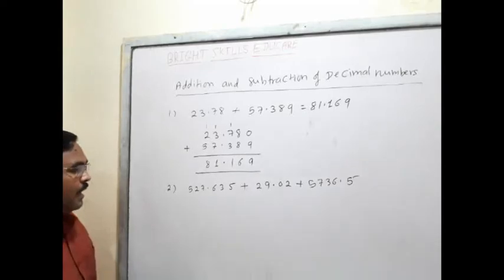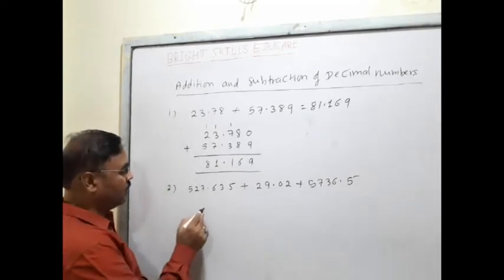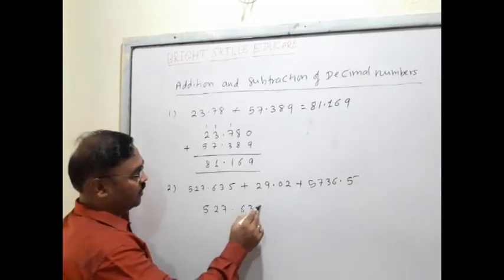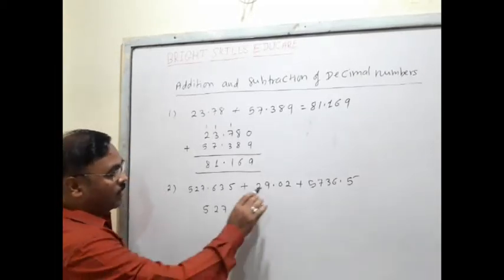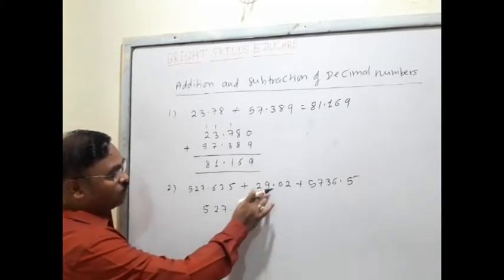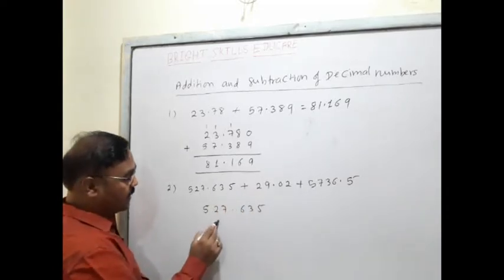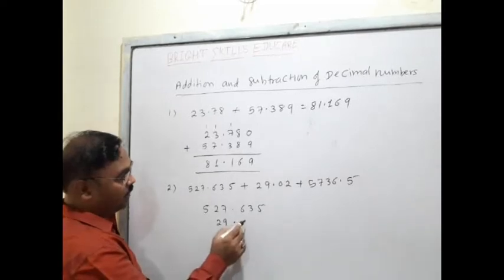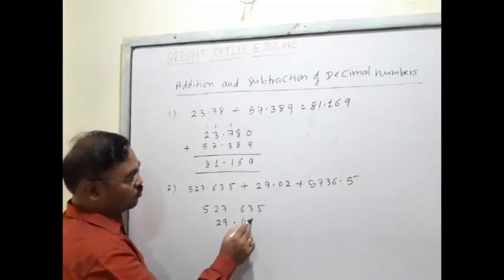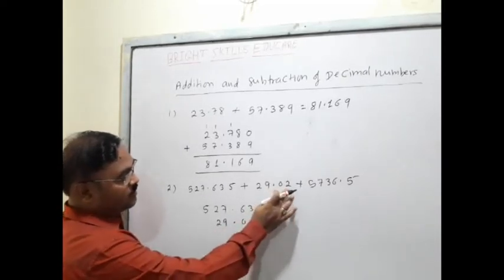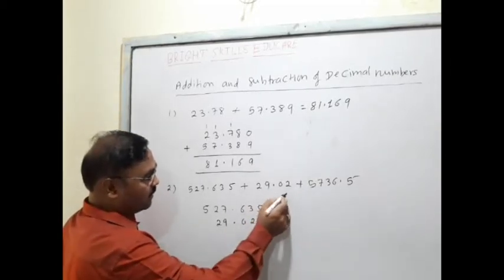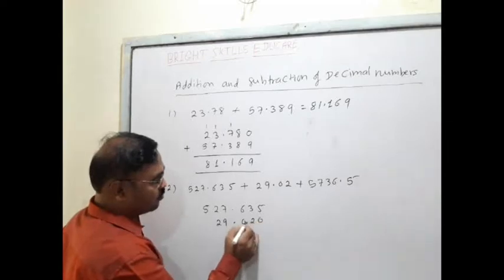So write them in vertical way. 527.635. Now 29 is unit and 10th place, so 29 should be written here. 29.02. 10th place, 1/10, 100th place. And at the 100th and 1000th place nothing is there, so put 0.